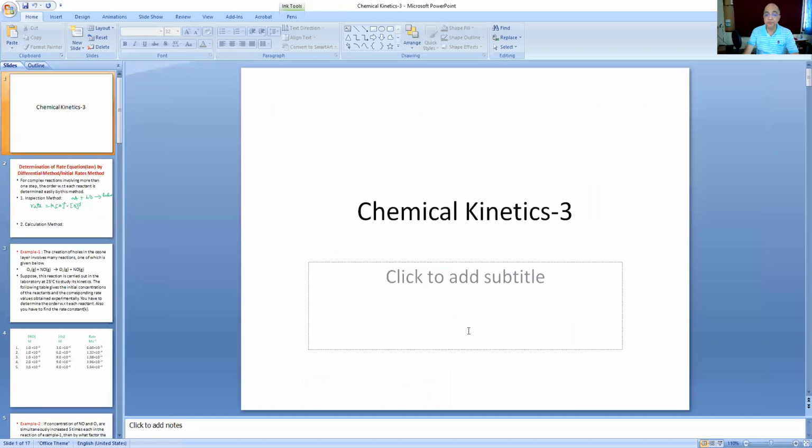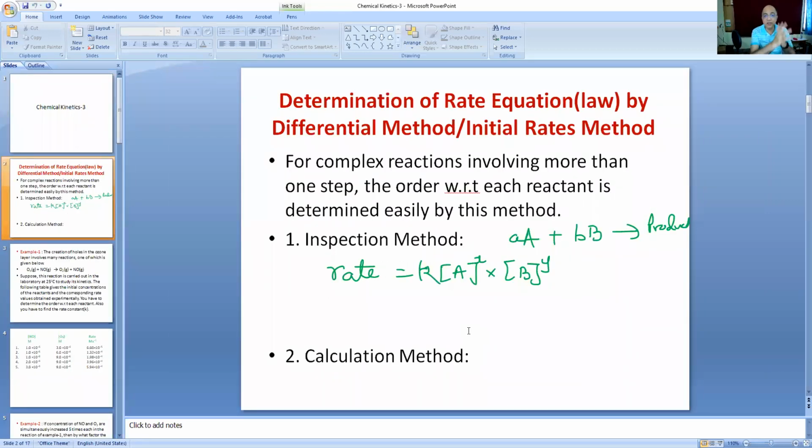Now see, determination of rate equation or rate law or order by the differential method, which is called the initial rate method. For complex reactions involving more than one step, the order with respect to each reactant, even if it is not a complex reaction, it is an elementary reaction, a single step process.